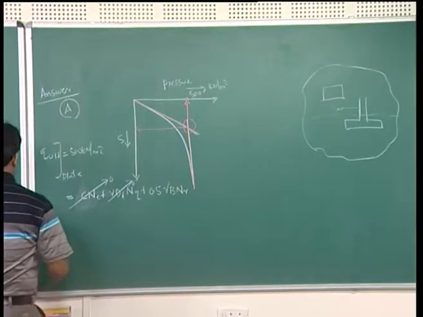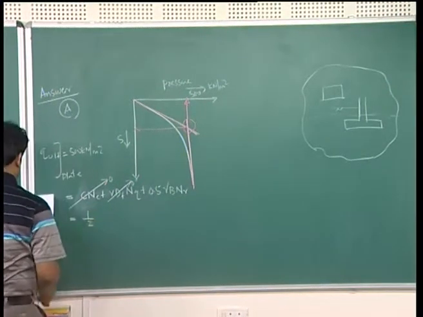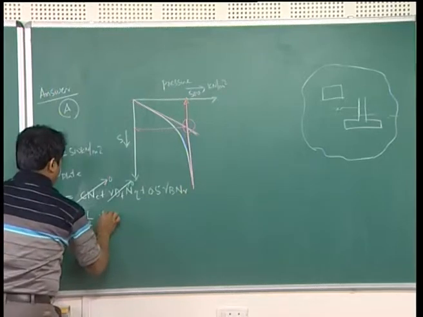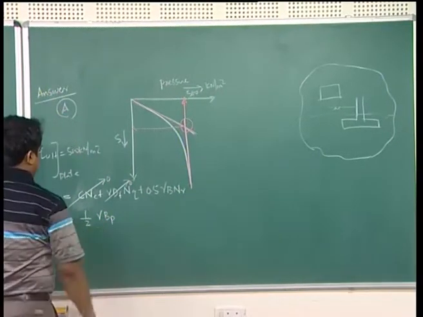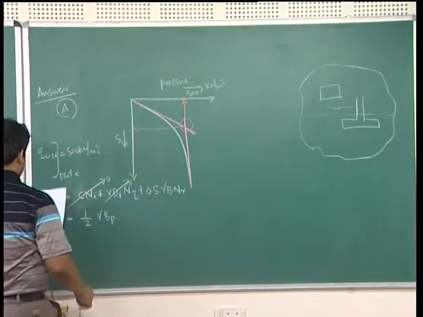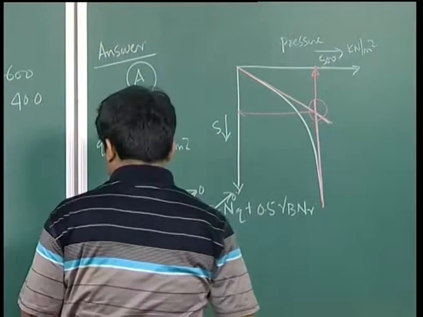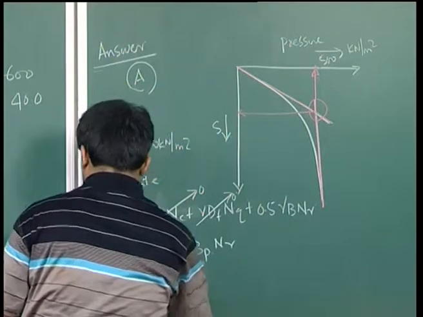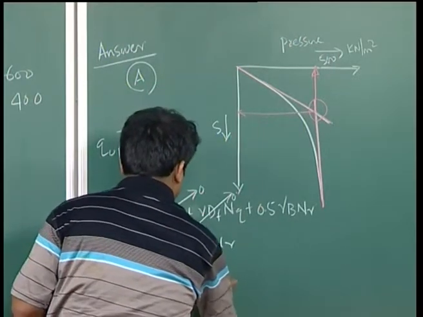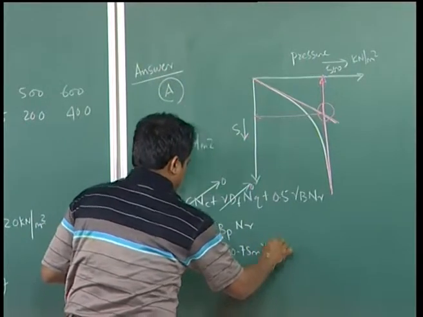Now, this is equal to half gamma Bp N gamma, Bp where p is plate, B is width. Now, I know these values, so it is equal to half, gamma is equal to 20, Bp is equal to 0.75 meter into N gamma.